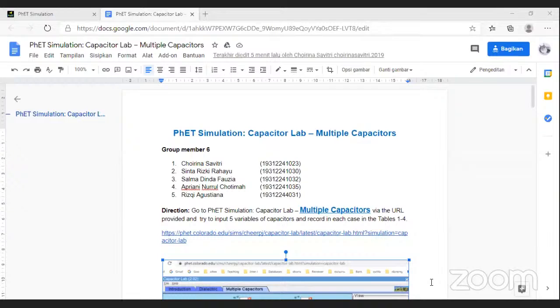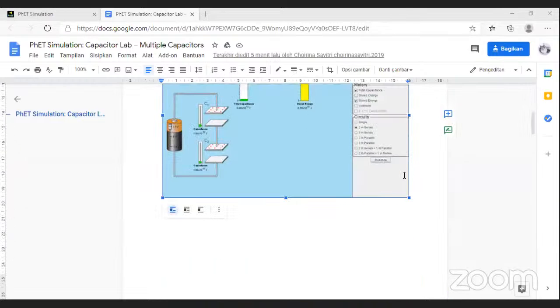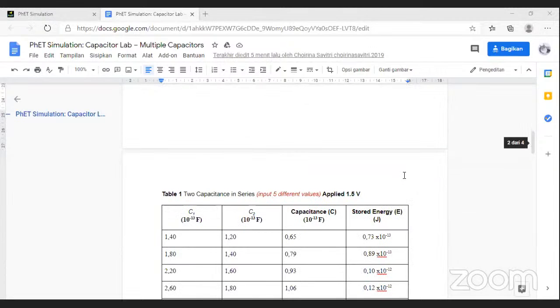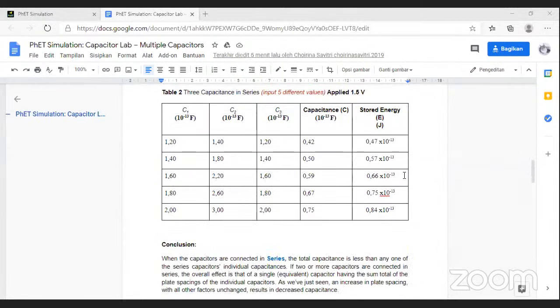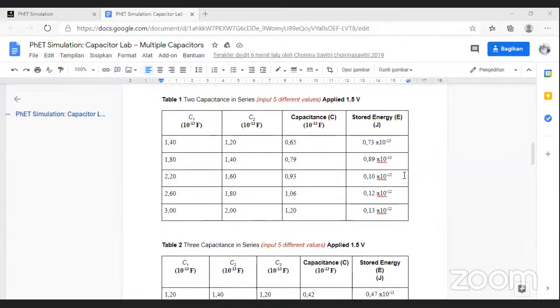Okay, table 1. In table 1, two capacitances in series with voltage 1.5 volt.